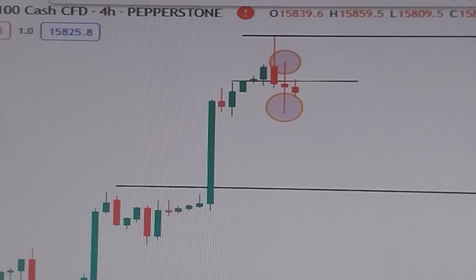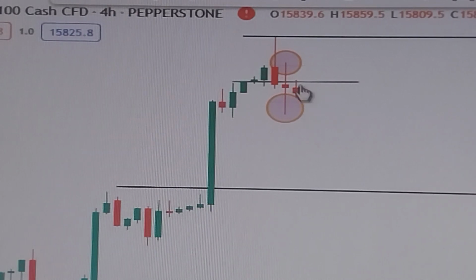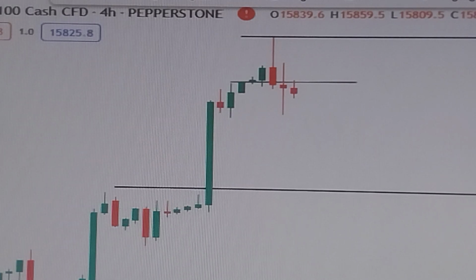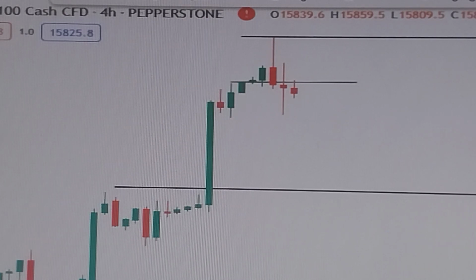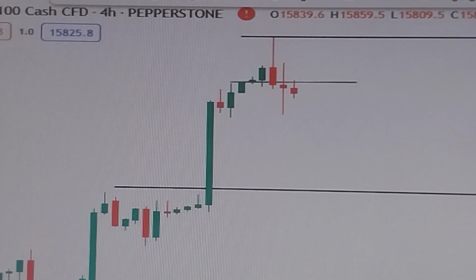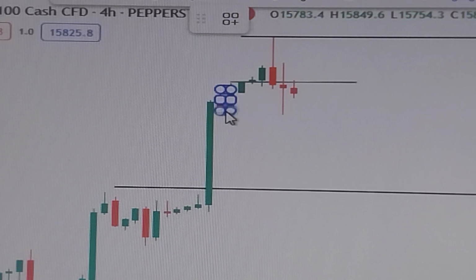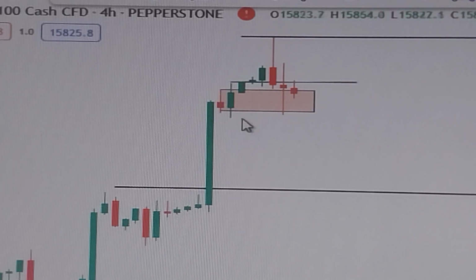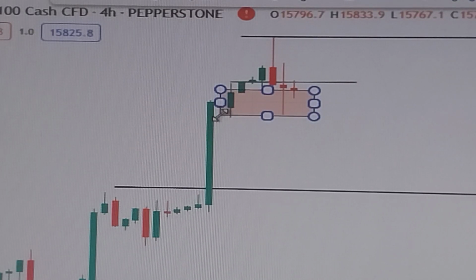If you have identified your support and resistance in the market, you have to look at what the price was giving you currently. The market gave us this demand. This was our demand the market has given us.